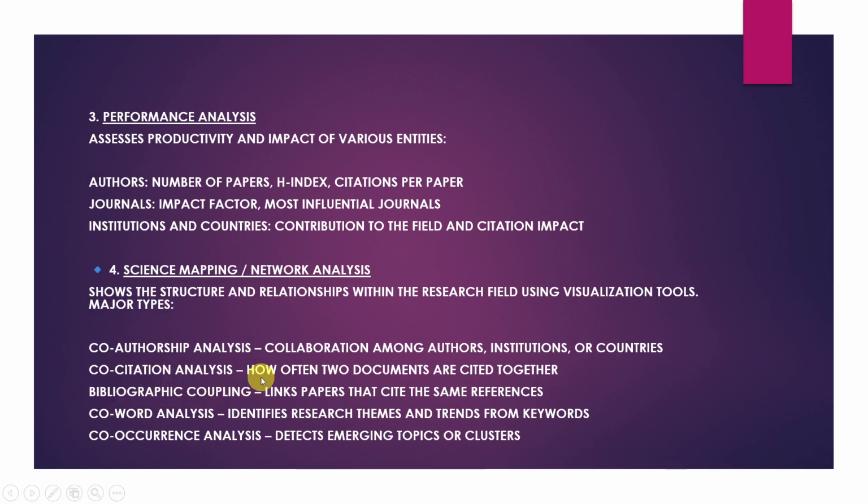Co-citation analysis, how often two documents are cited together. Then bibliographic coupling, linking papers that cite the same references. Then co-word analysis, identifying research themes and trends from keywords. Co-occurrence analysis, detecting emerging topics or clusters.